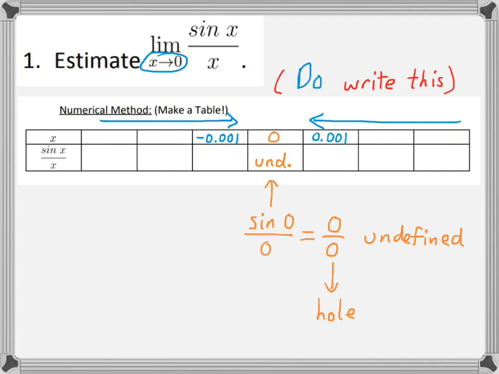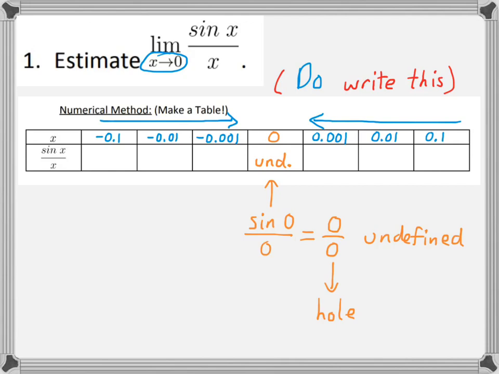How about we start with some values very close to 0, like 1,000th and negative 1,000th, or 0.001. Then I can approach 0 by making the next values be 100th and 1/10th. Same on the negative side. If I use those values, now we're getting really, really, really close to 0, but not necessarily touching.